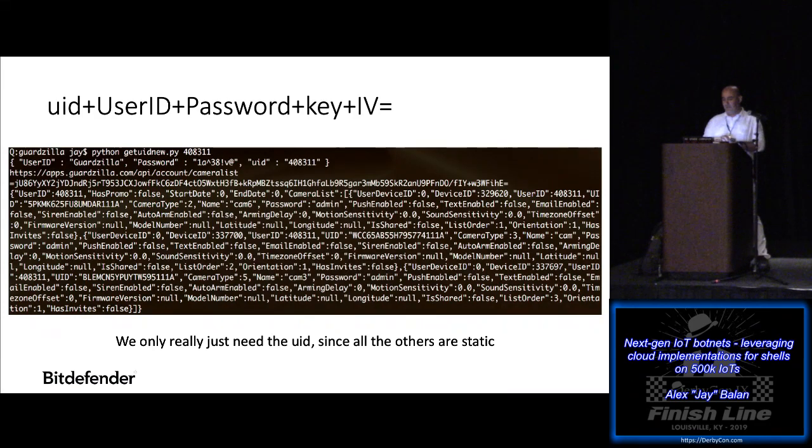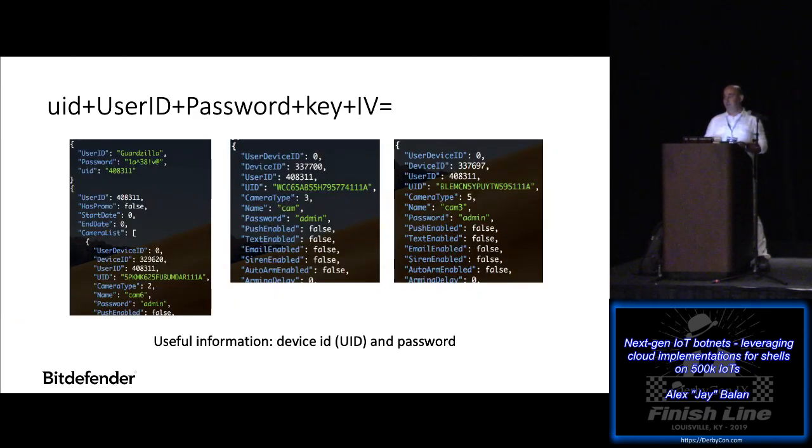So this is how a post request to the Guardzilla cloud with the client ID looks like. You send the request, you use the encryption key and the IV from the app, create a small Python script, send the request to the Guardzilla cloud, tell me information about that user ID, and it sends back, in a more beautiful format, device ID and password, which is what we're interested in.